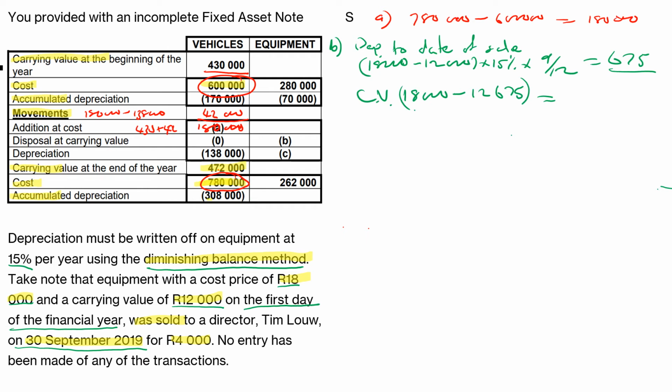That's 5,325. So that will be our B here, because disposal is at carrying value in note number 3. So it's 5,375. Here I say no, here there is 180,000.